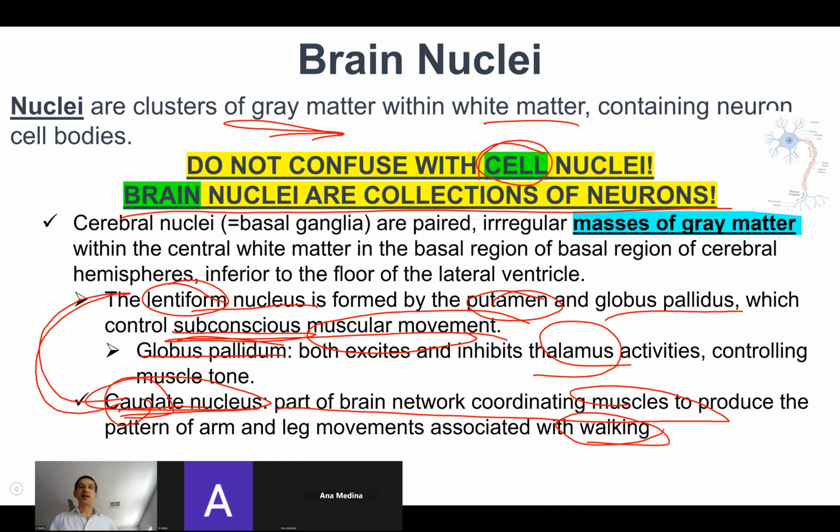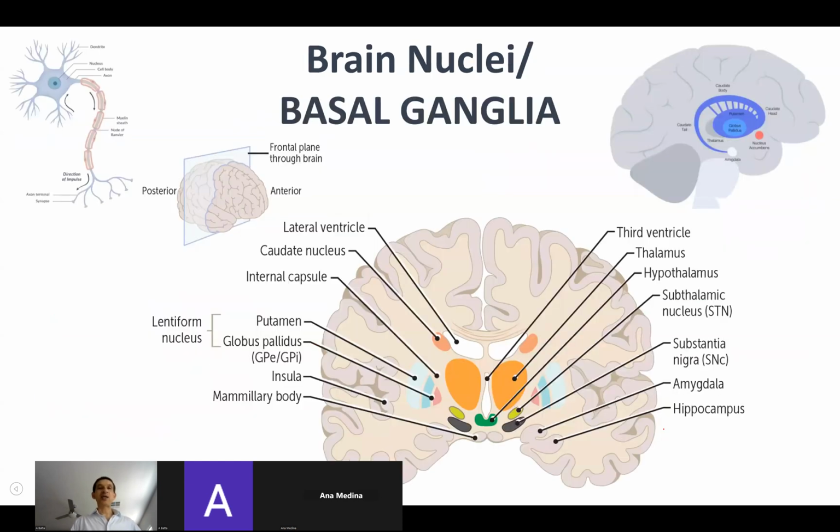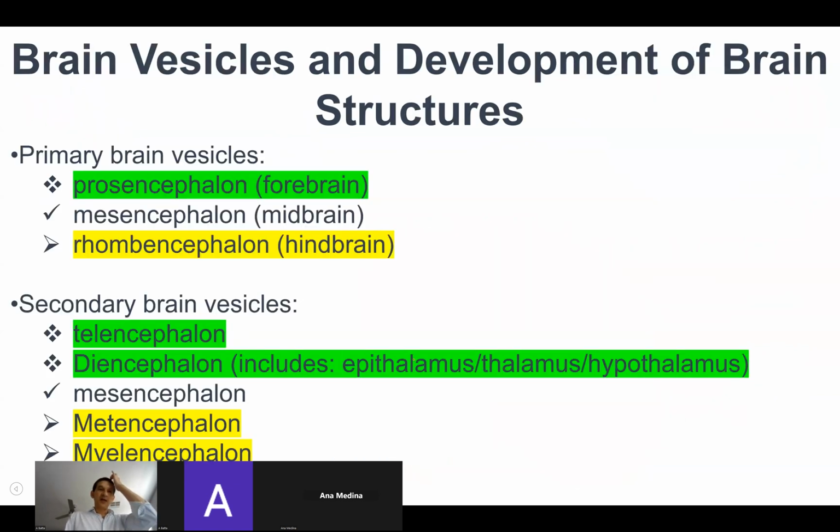A horrible genetic disease, Huntington's disease, caudate nucleus. Once again, this looks like a tail. That's why the caudate nucleus. The white ball is the amygdala. There is your putamen, and the globus pallidus is that pyramid-like three-dimensional structure seen here.